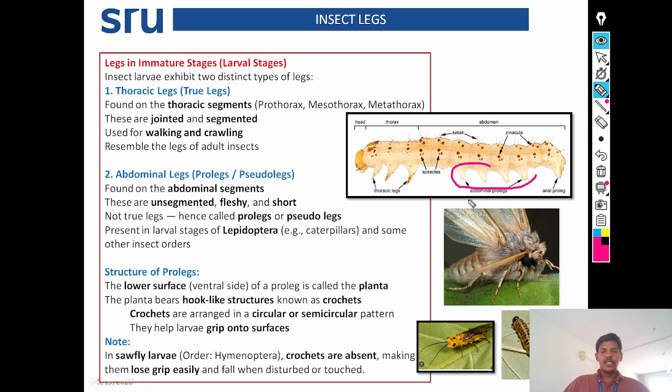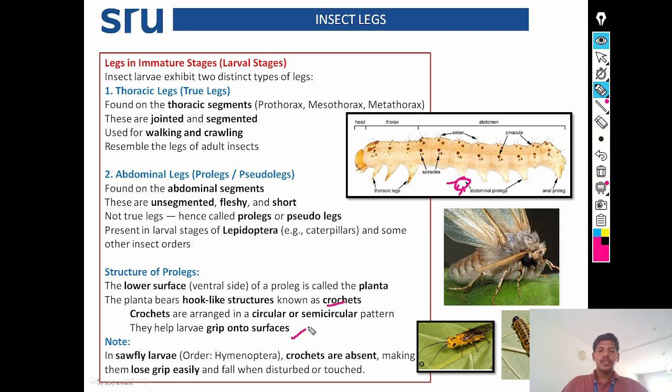Present in the larval stage of Lepidoptera and some other insect orders. See the structure of each proleg. The lower surface of the proleg is known as planta. This planta bears hook-like structures known as crotchets. These crotchets are arranged in a circular or semicircular manner.